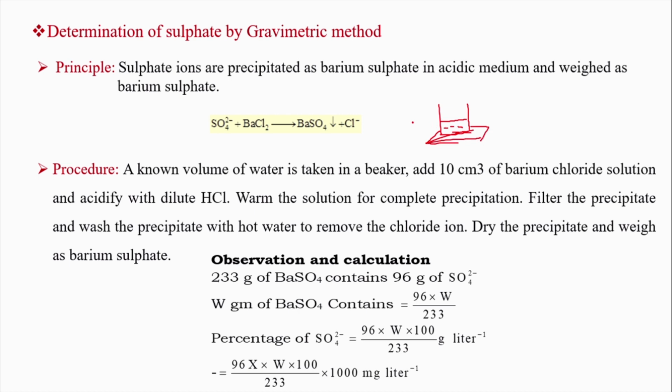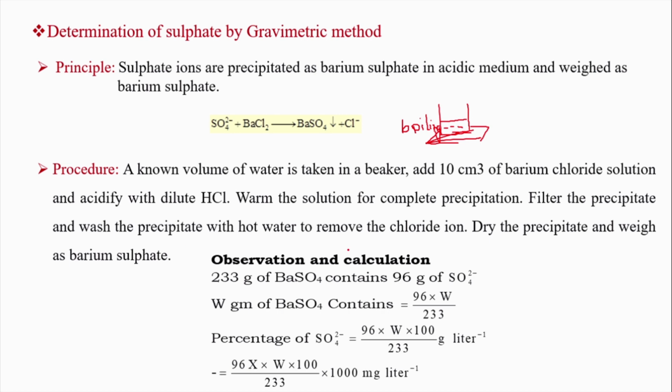Once it reaches its boiling temperature, once you feel it has started boiling, at that point you can add 3 to 4 drops of concentrated HCl.